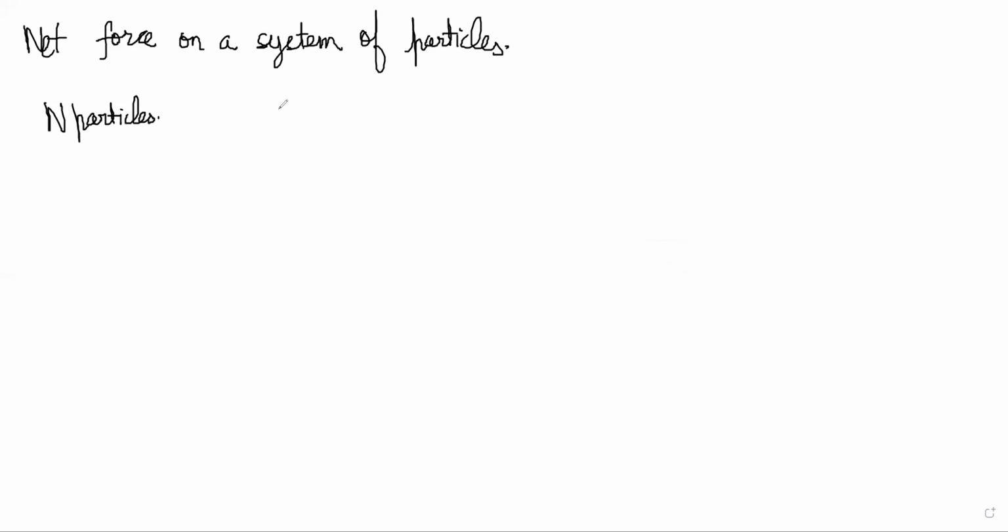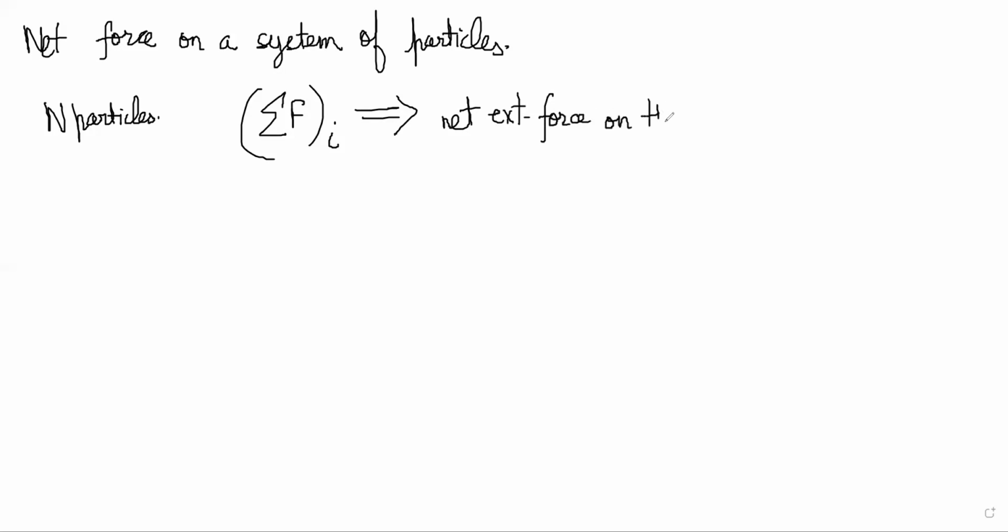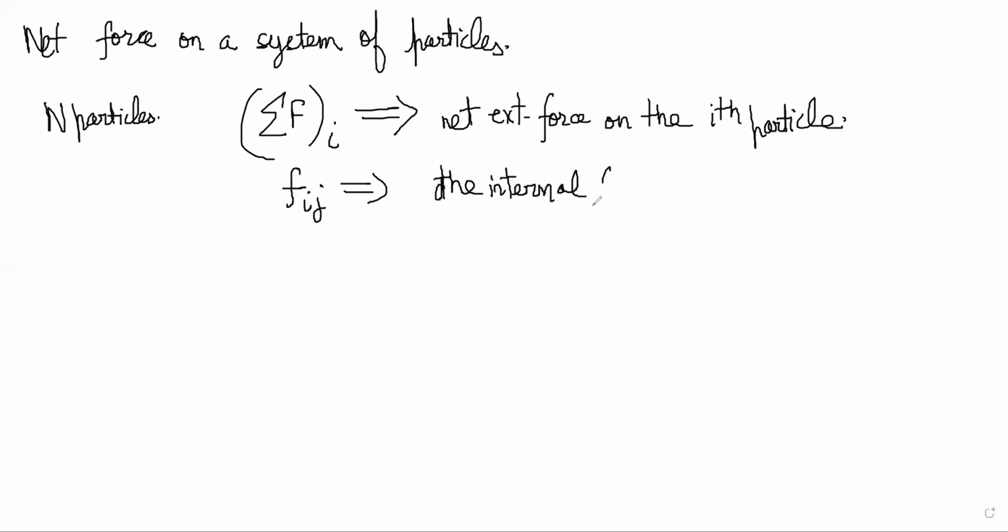And we will denote by summation of Fi the net external force on the ith particle. And we can use small Fij to denote the internal force on the ith particle due to j.